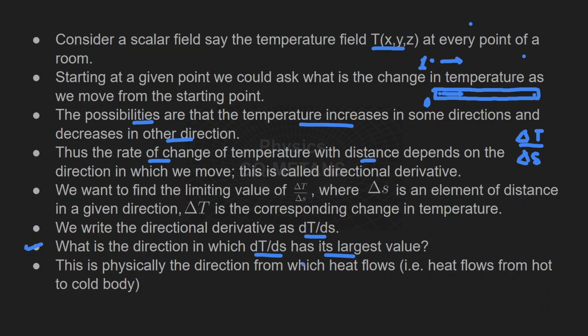Physically, what this means is it is the direction in which the heat flows. I can take different points, but I know that physically if I take a hot object and a cold object which are in thermal contact, the heat will always flow from a region of high temperature to a region of low temperature.